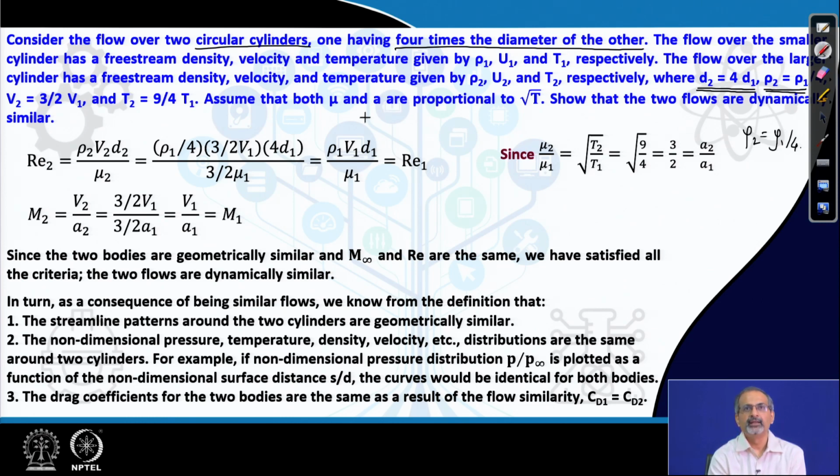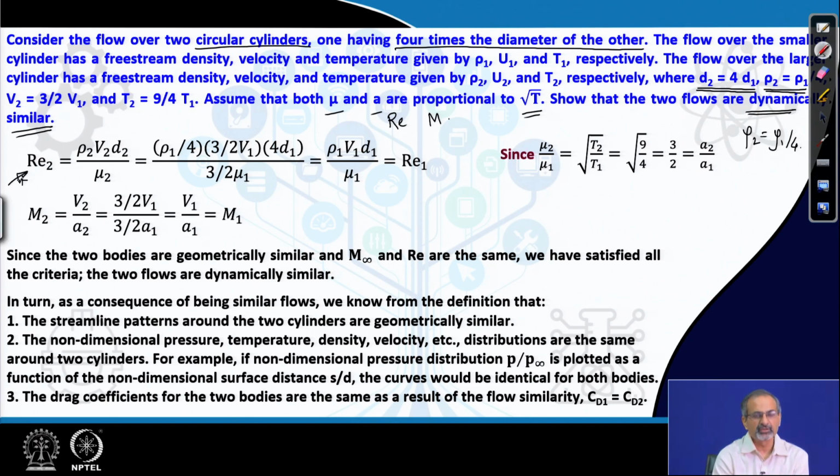Let us assume that mu and A are proportional to under root T. What do we need to show? We need to show that the two flows are dynamically similar, for which we will consider the Reynolds number and the Mach number to be the relevant non-dimensional parameters.